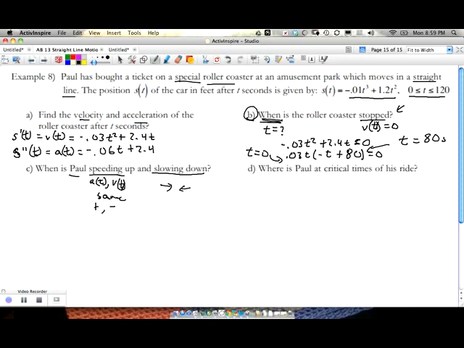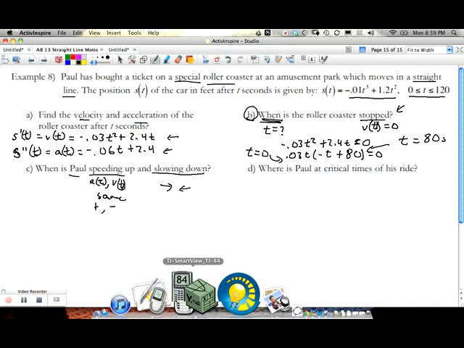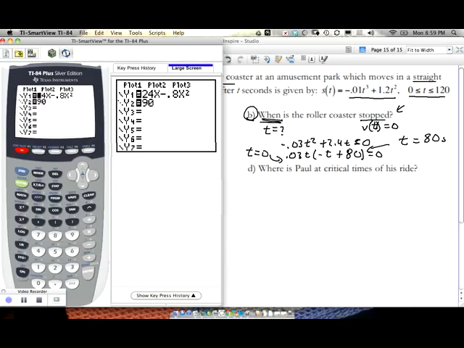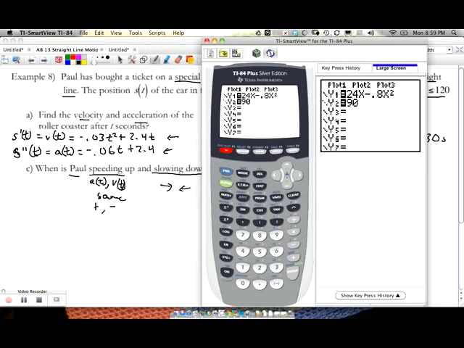So I'm going to draw a graph here, actually two graphs, of these two functions, and let's see what happens. Move this over so we can see a little better. We'll clear these old functions. The first one is negative 0.03 t squared plus 2.4 t.